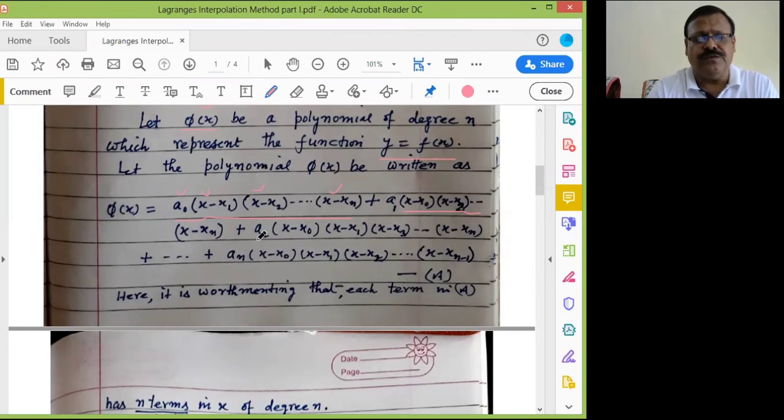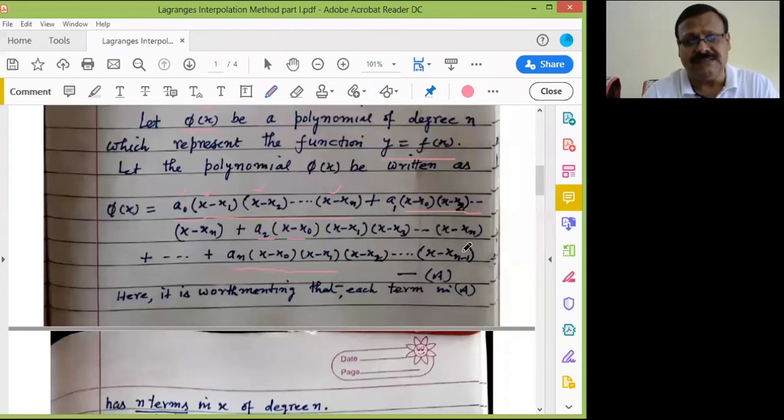Now for a2, x2 is not here, but x1 is here, x naught is here, xn is here. Similarly, for the last term, an is here, so you won't find xn among all the factors of the whole term.